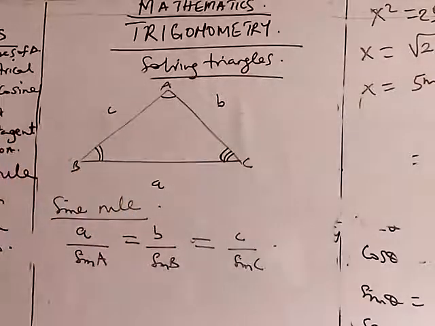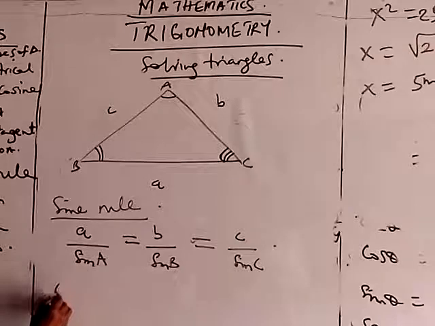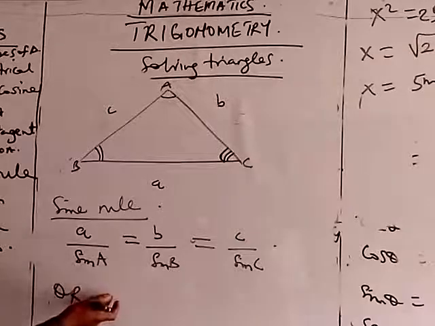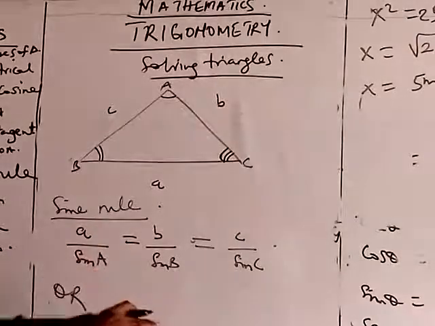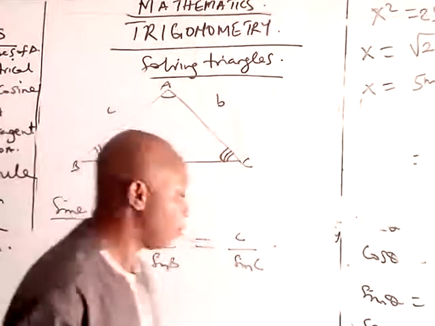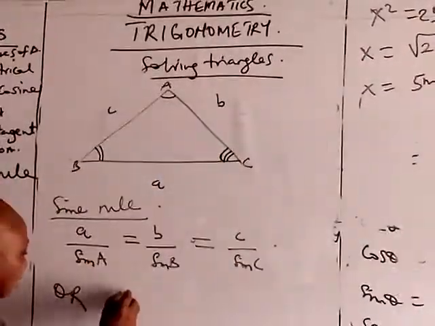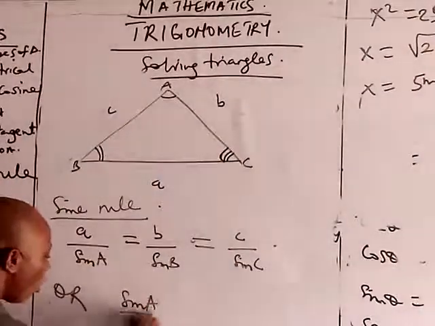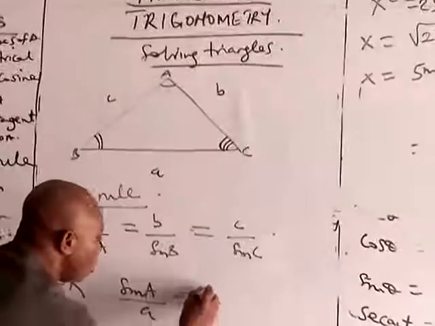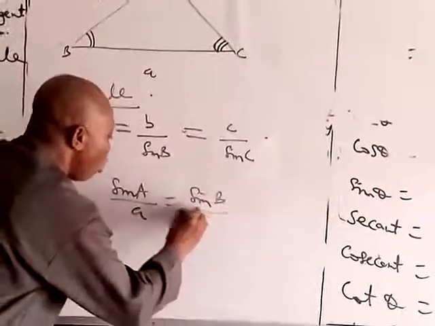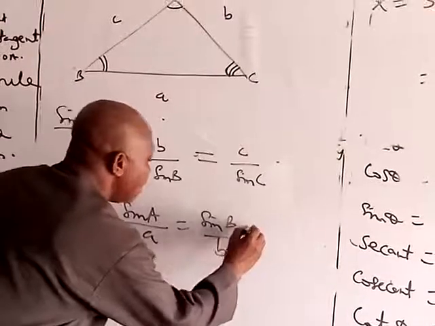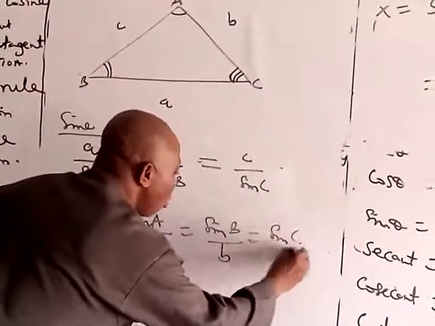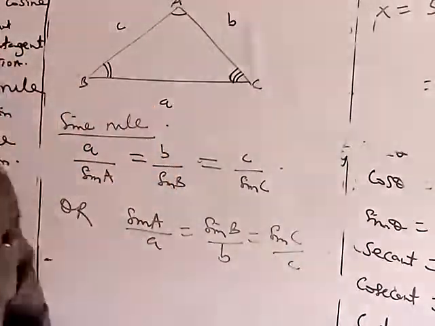Or the other way around, you can take the denominator to the upper side, but let there be uniformity. You can have it as sine A over a is equal to sine B over b and sine C over c.